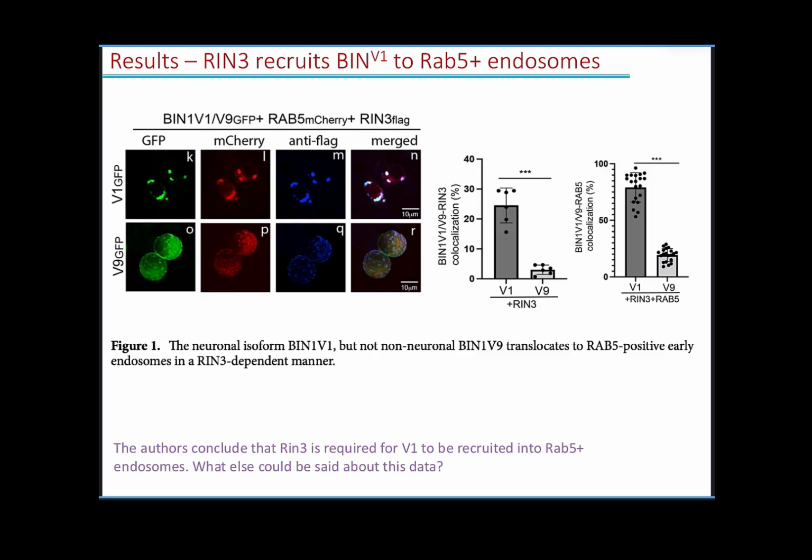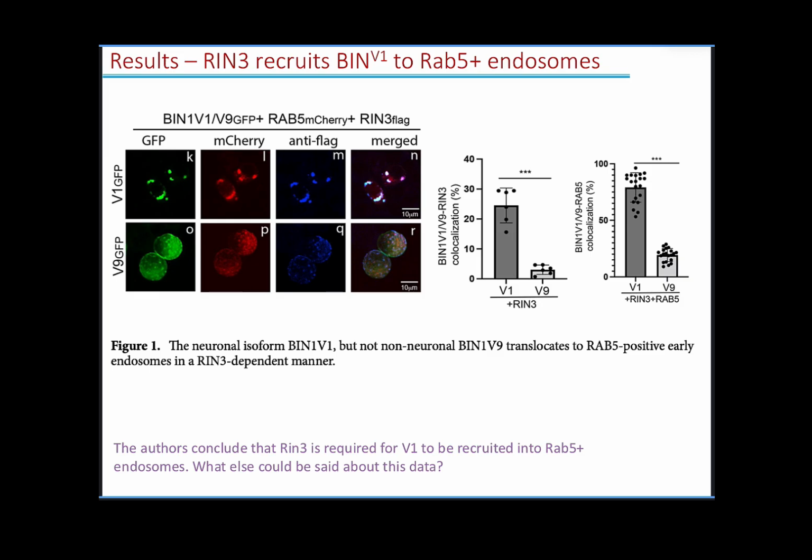There are some data in the same figure that I didn't show you. So these are panels C and D or something like that. There are some previous panels in the same figure showing that if you do not overexpress Rin3, none of this happens. Okay? And hence the Rin3 dependent manner.